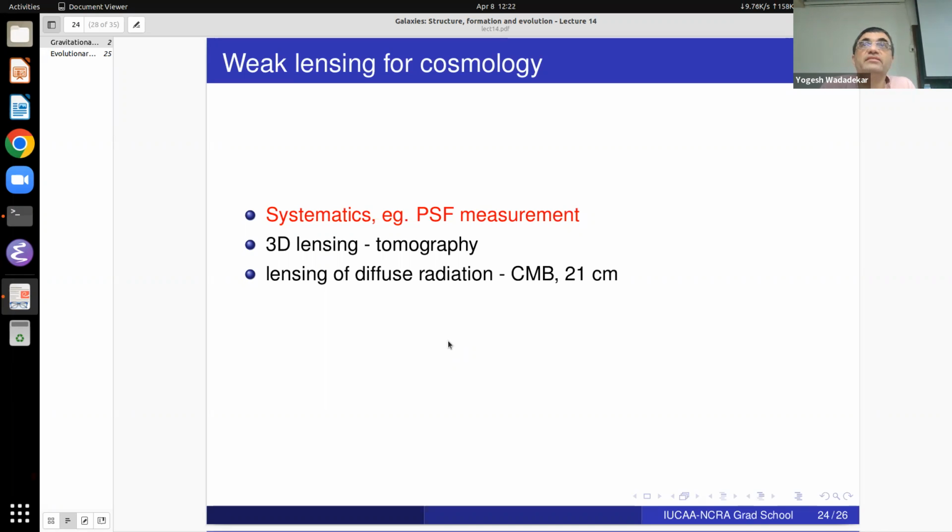Diffuse radiation, like the CMB, can also be lensed by the foreground. So the acoustic peaks, etc., that you have in the CMB are affected by the lensing by the foreground also. The CMB photons are getting lensed.